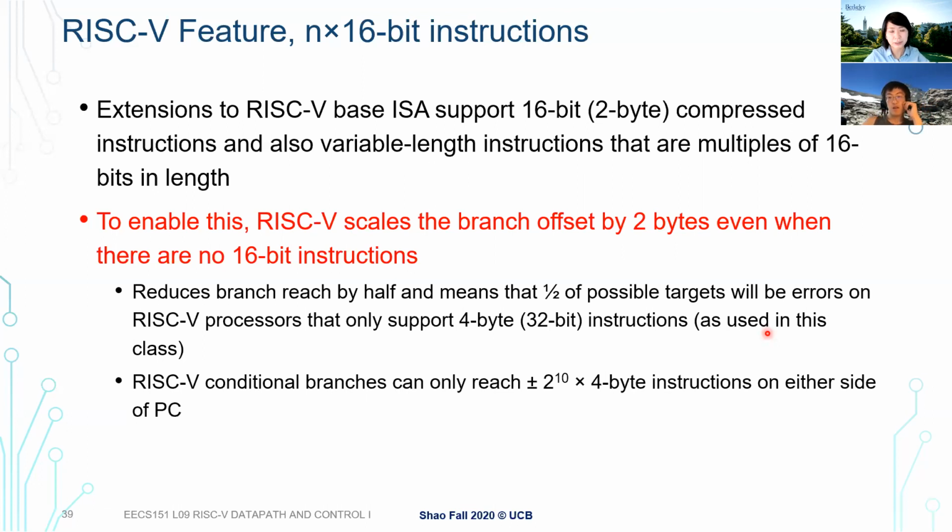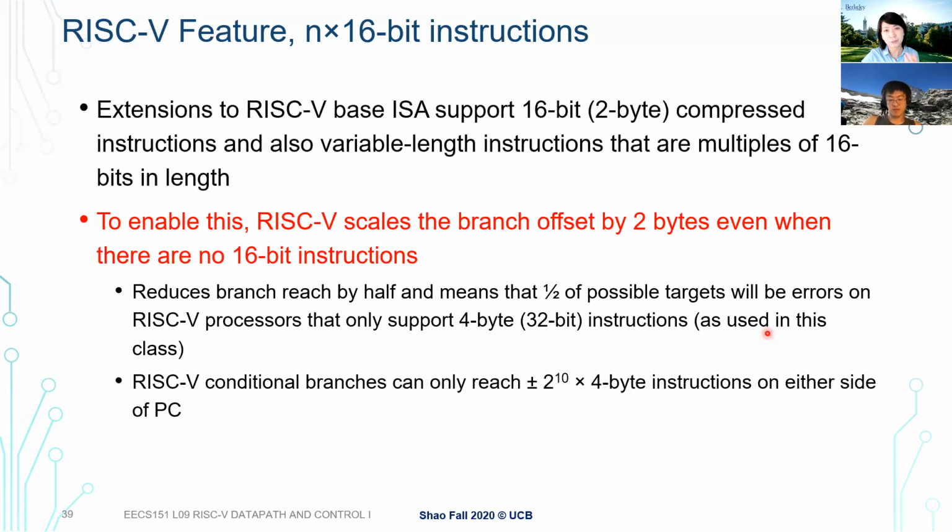If you think about the immediate field that we've seen before, we have a 12-bit immediate field, and the first bit is always used to specify the sign bit, right? So we have 11 bits to specify the immediate. If we were doing a 4-byte offset, we could use 2 to the 11 to specify the branch range.